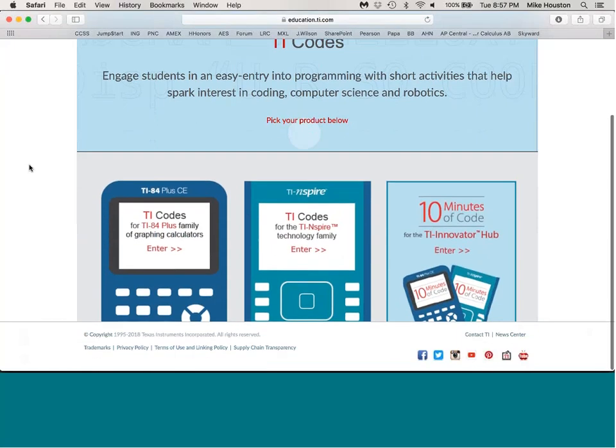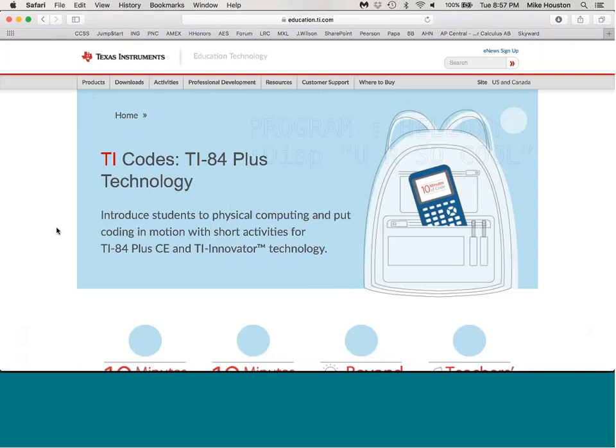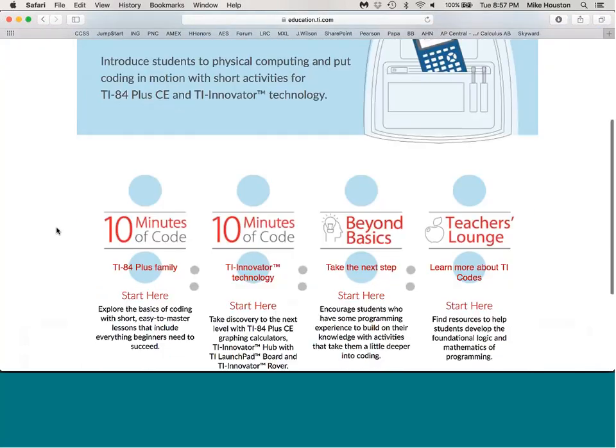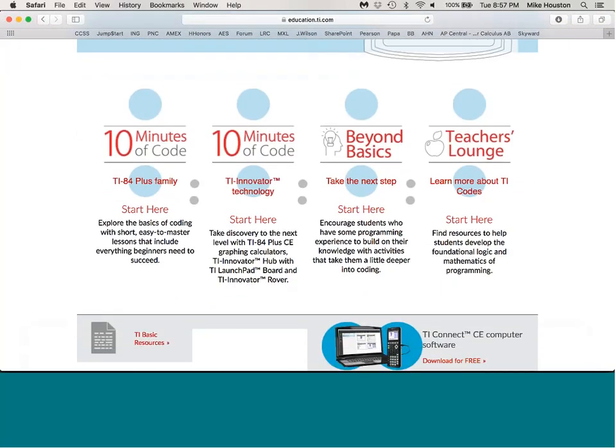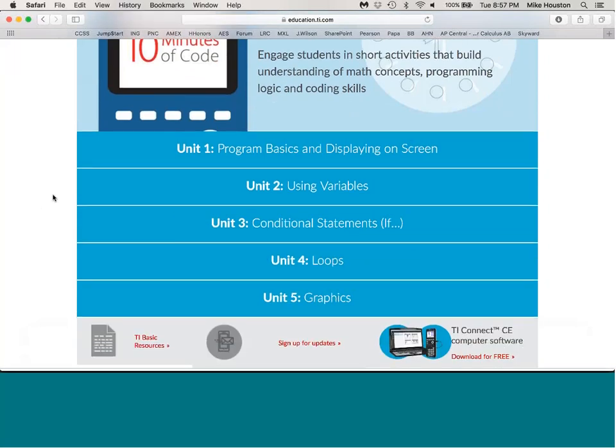You'll notice that you can do the coding on the 84 Plus CE or the TI-Nspire as well. And there's also 10 Minutes of Code for the TI-Innovator Hub. So if you pick the technology that you're using, and let's say you're just trying to start to learn how to code on the 84 Plus, there are built-in skill builder programs that allow you to work at your own pace.